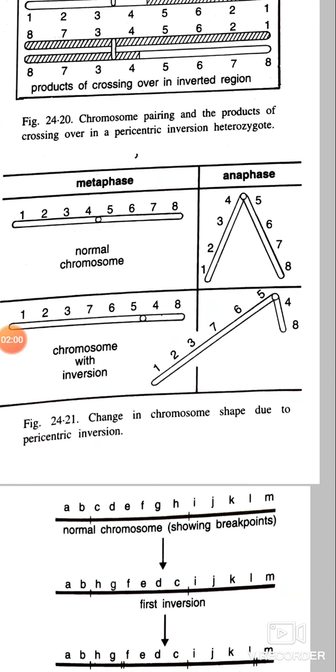In the first diagram there is a normal chromosome, and during the inversion it makes a V shape, or we can say metacentric, and in the second position the centromere changes its position due to inversion and it becomes submetacentric.